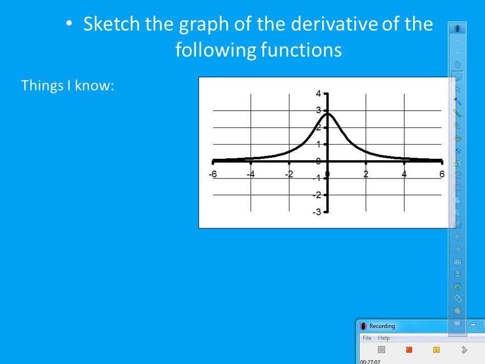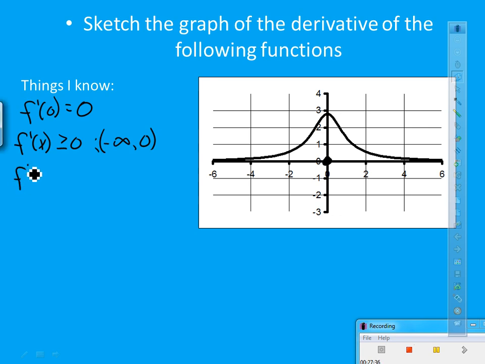Kind of a weird looking graph, but let me just pick on the things that I know. I know that f prime of 0 is 0. That's what I know so far. So I know it's going to cross right here at some point. I don't know when yet. The other things that I know: my slopes are increasing on this interval from negative infinity to 0.